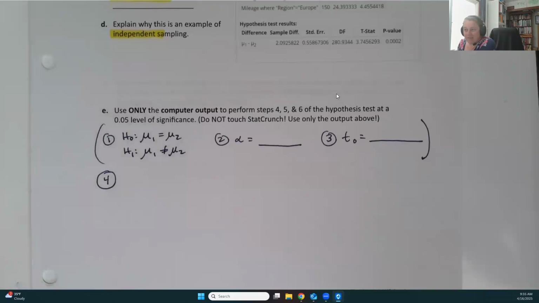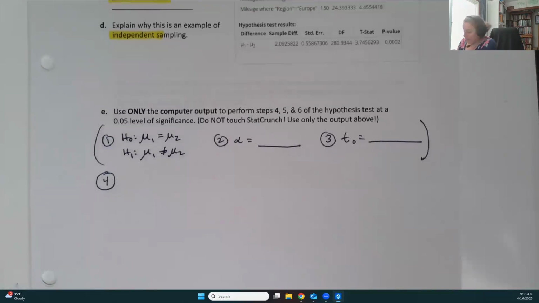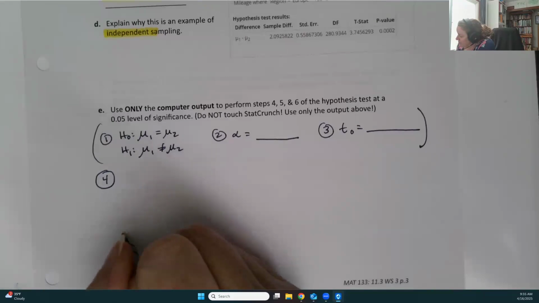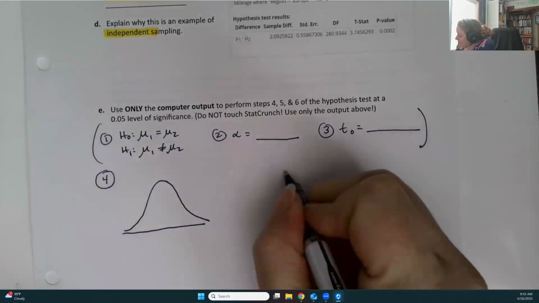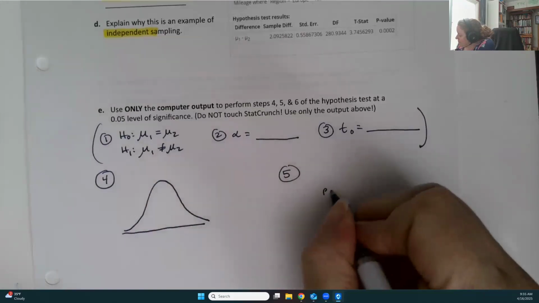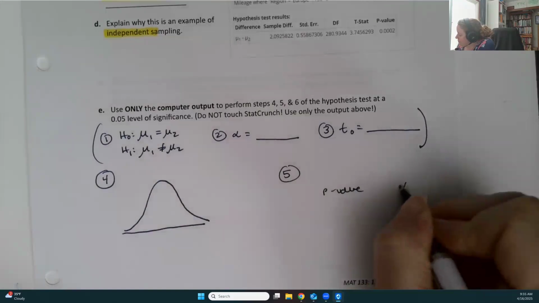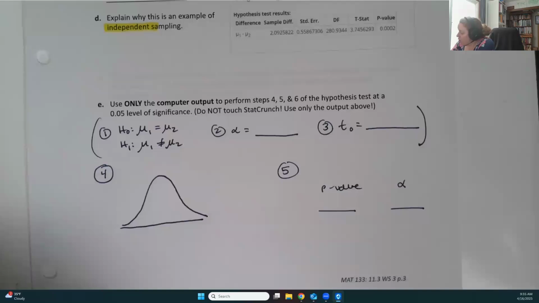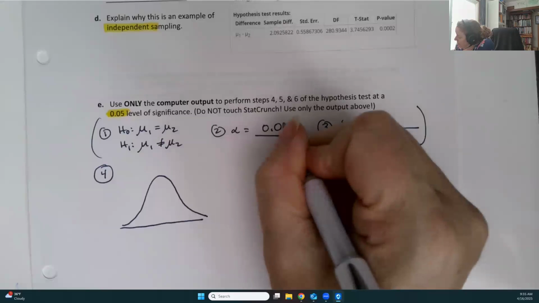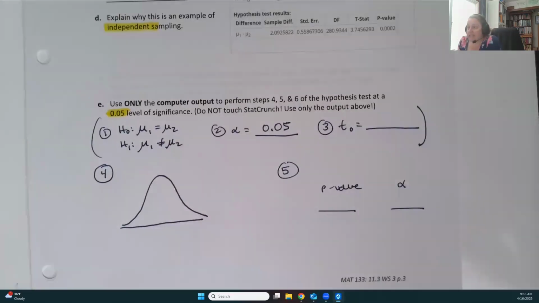All right, what's alpha? Do you guys see alpha yet? Yes, Emily, yes. 0.05. There it is, right there. Good job. Okay, so now what's the T0, everybody? Oh, and Kendrick too. Sorry about that, Kendrick. I didn't see you. So what's the T0?